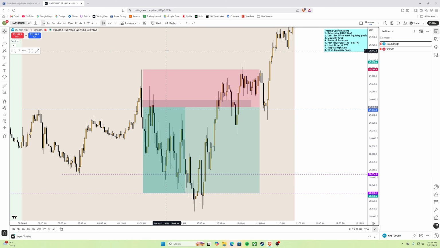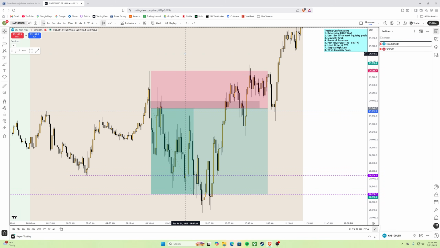So in this case, had I taken a trade on the NAS, I wouldn't have done a re-entry, because the reason why I did a re-entry on the S&P was that, sure, I made price hit my first target and I did make some partials, however, it was still a loss overall on the day, so that's why I looked for a re-entry.